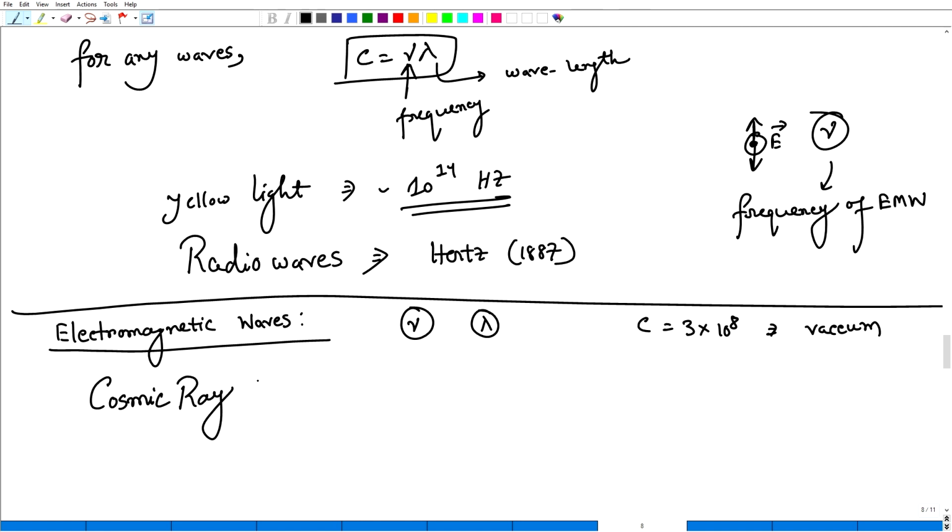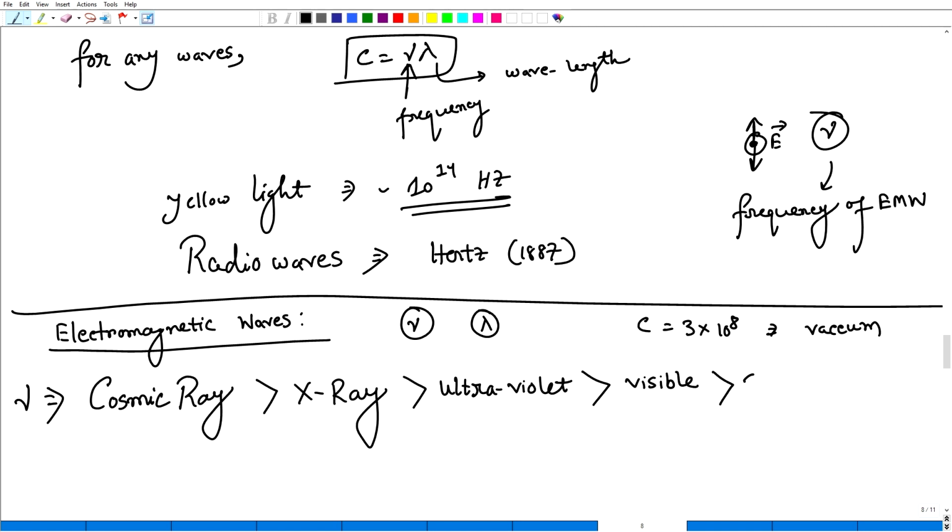If we write, the frequency of cosmic ray is maximum, after that X-ray, after X-ray it is ultraviolet, then visible, infrared, okay, after infrared, microwave, and then short radio and radio.